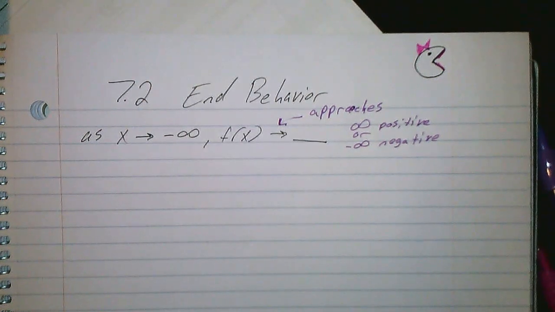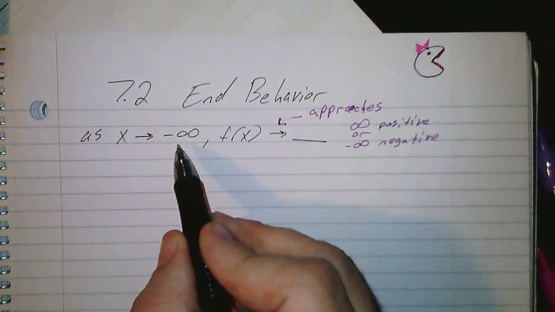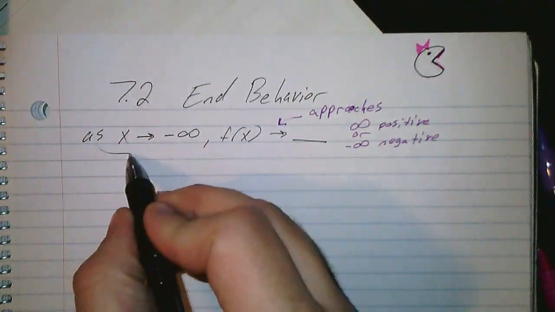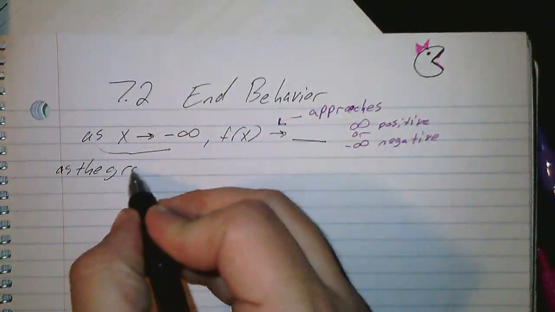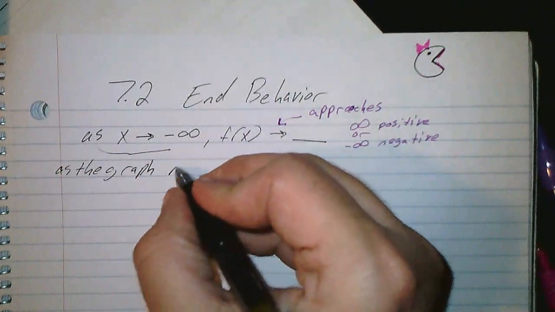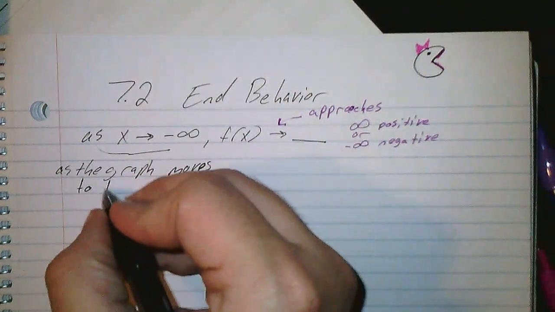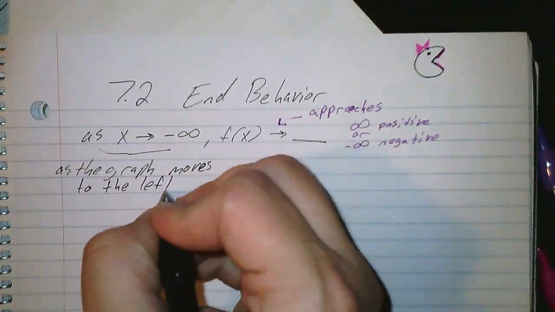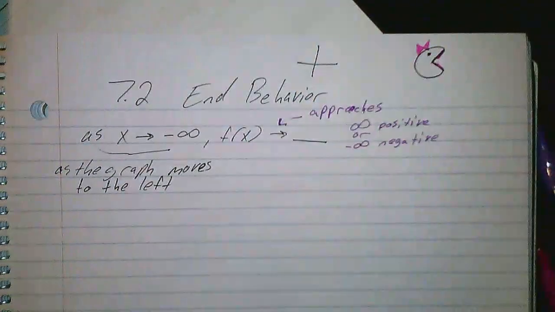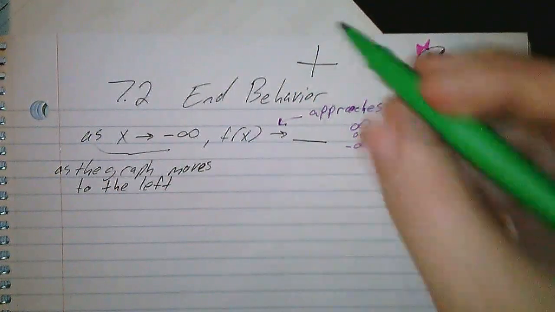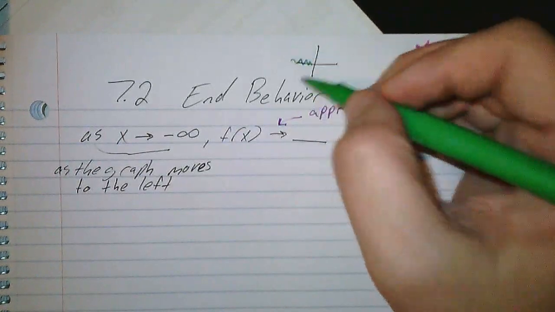And what we really mean is, as x approaches negative infinity, that means as the graph moves to the left, towards negative infinity, talking about, on an axis, as we move in this direction, what is the graph doing?